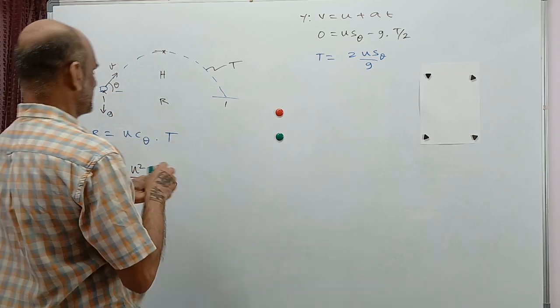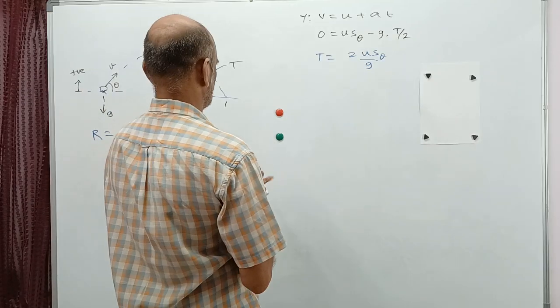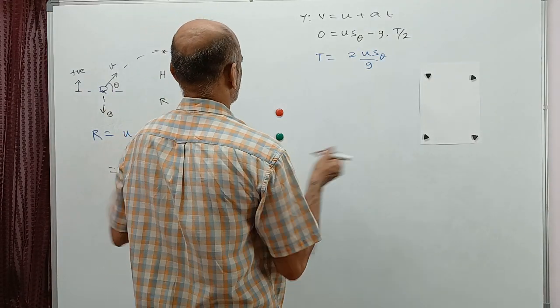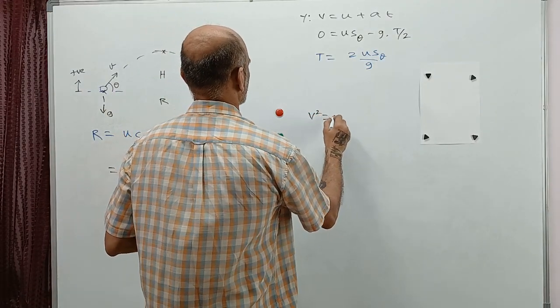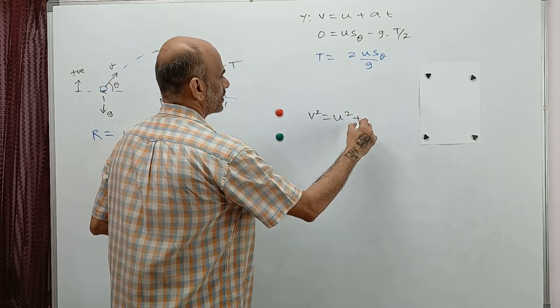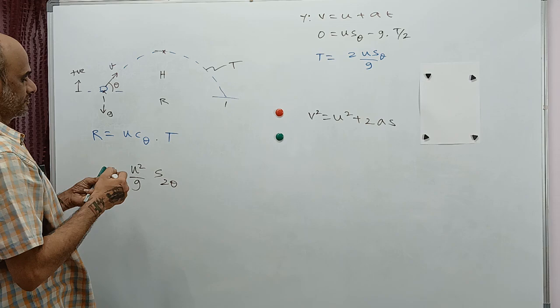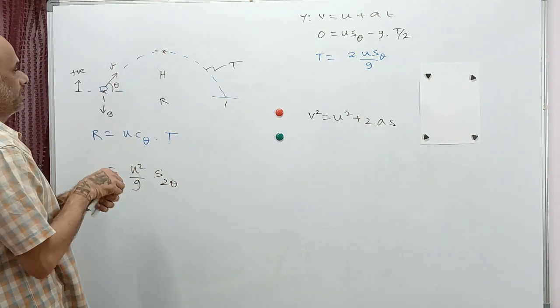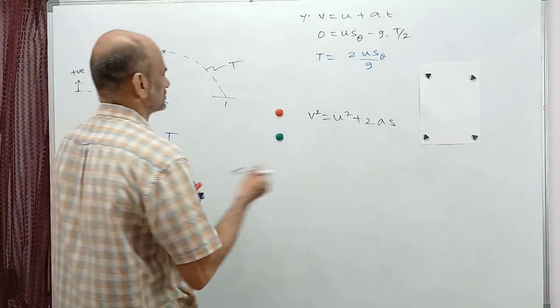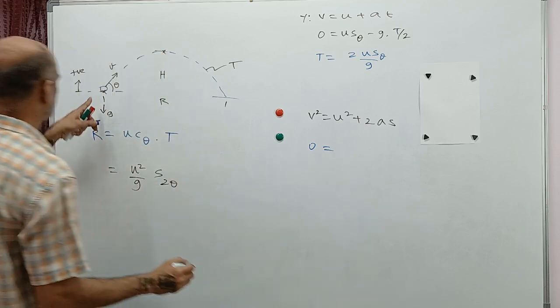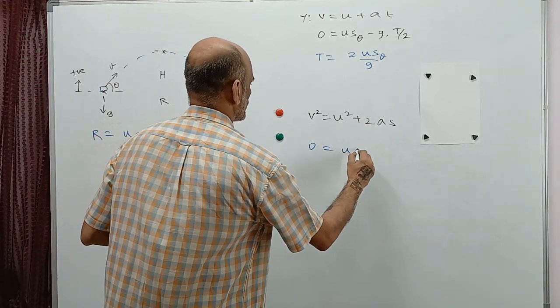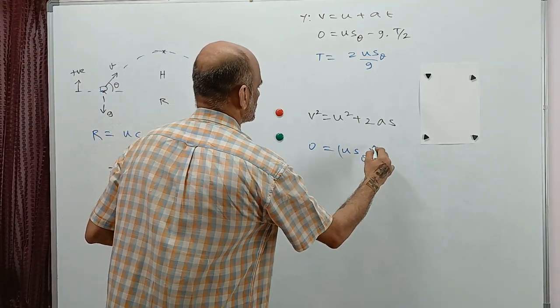And to get the maximum height, we can use v square equal to u square plus 2as in the vertical direction. Between these 2 points, v is 0 at the final point. Initial velocity in the vertical direction is u sine theta, squared.